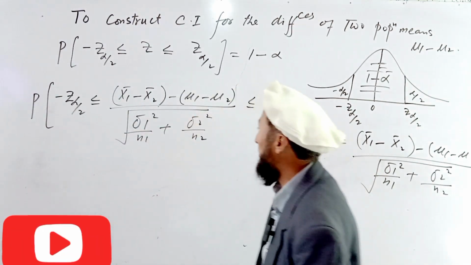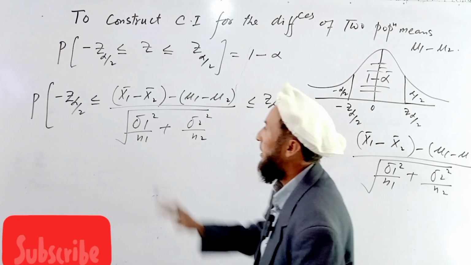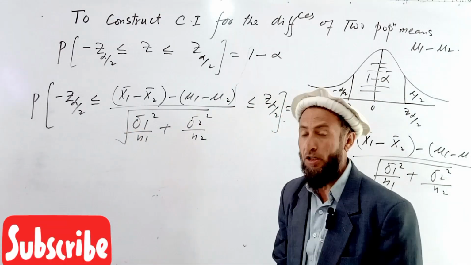Now the denominator is multiplied within the brackets on the left side and right side of the interval.